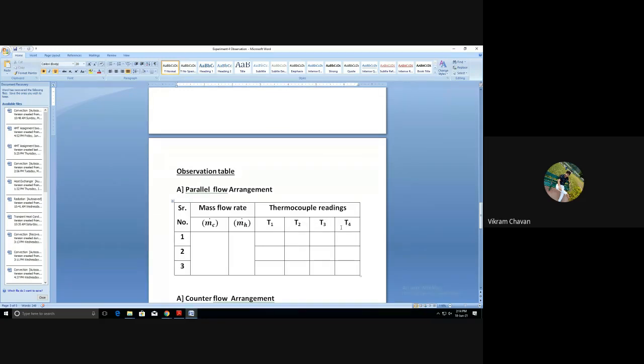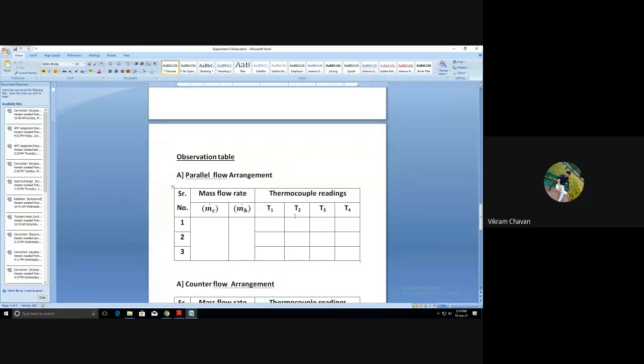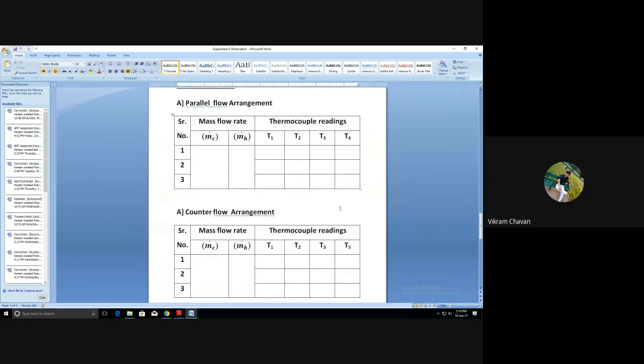We are having 5 thermocouples. In one case we require T1 to T4 thermocouples, and in the counter flow arrangement, instead of T4 we require the T5 thermocouple. So T1, T2, T3 are the common thermocouples.